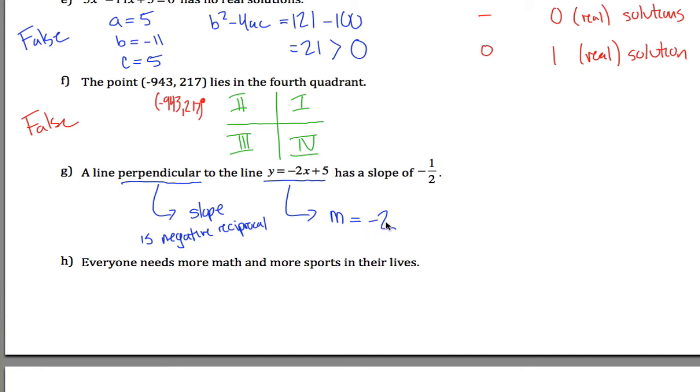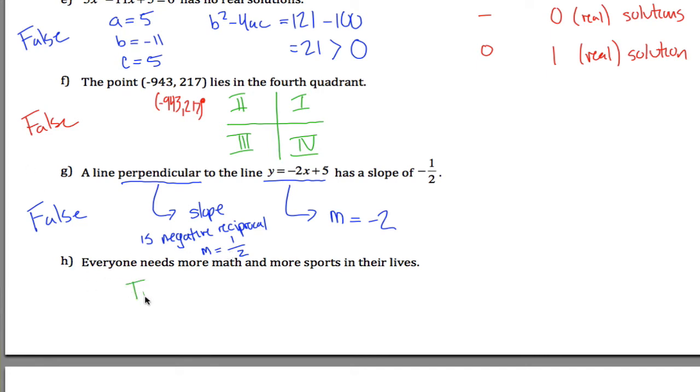Well, the negative of negative 2 is positive 2, and the reciprocal of 2 is 1 divided by 2. So the line perpendicular to this line would have a slope of positive 1/2. This says it has a slope of negative 1/2. That's false. It has a slope of positive 1/2. It's the negative reciprocal.